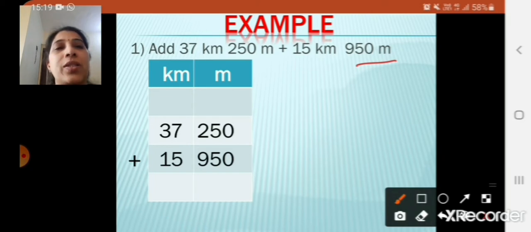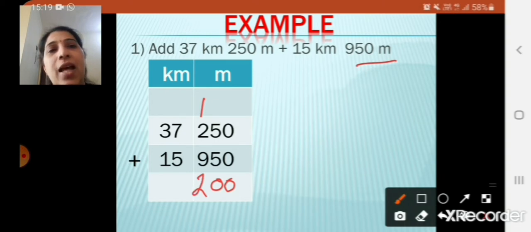So 0 plus 0 is 0. 5 plus 5 is 10, so 0, 1 carried over. 1 plus 2 is 3 and 3 plus 9 is 12. So 2 I will write over here and 1 I will carry over in the kilometers column, right? So 1 plus 7 is how much? 8, and 8 plus 5 is 13.